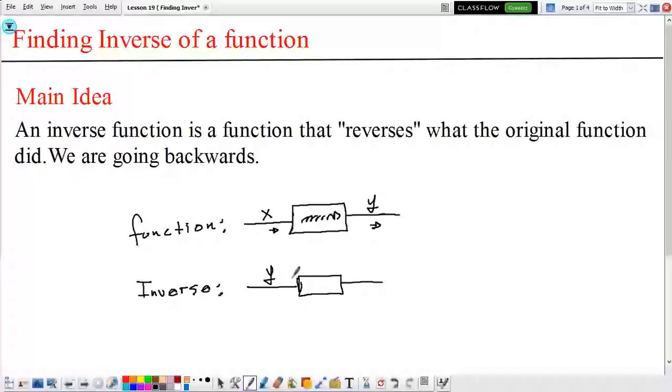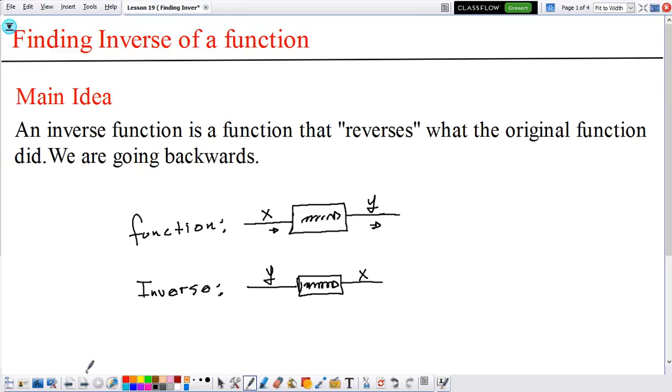You plug a y in, and then you get an x out. So it's the opposite of an original function. It goes the other way. The main idea is that an inverse function is a function that reverses what the original function did, which is basically going backwards. So let's get some examples going here.